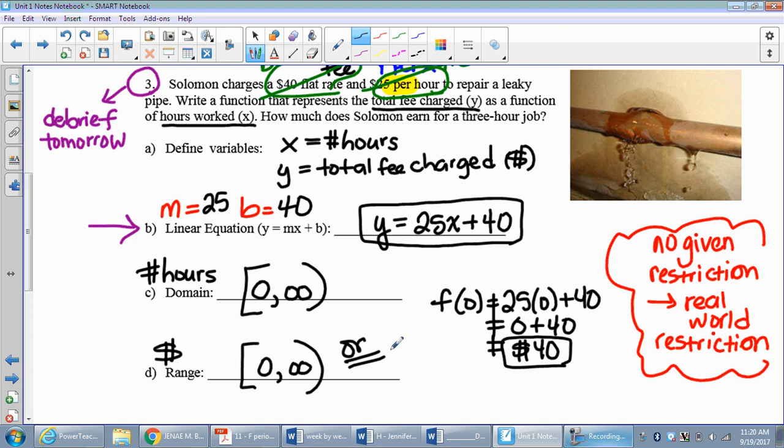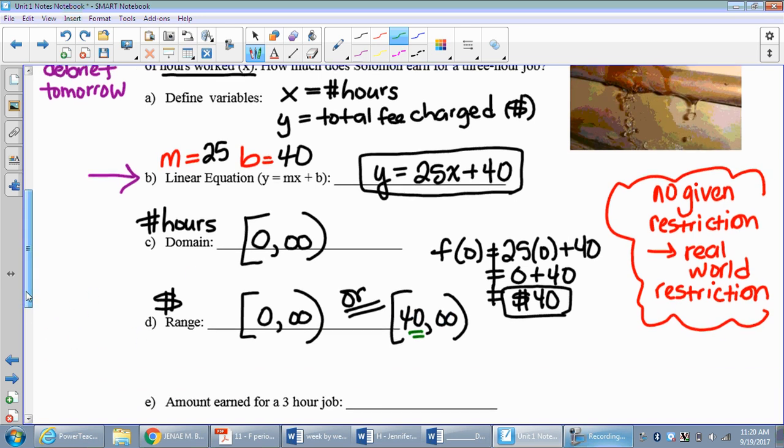So for the range 0 to infinity, or I would also accept 40 to infinity, because we could reason that before he's even done any work, you already owe him $40 as an initial fee. Any questions on these two options or which one resonates with you better? You can make a little note on the side and show me tomorrow.